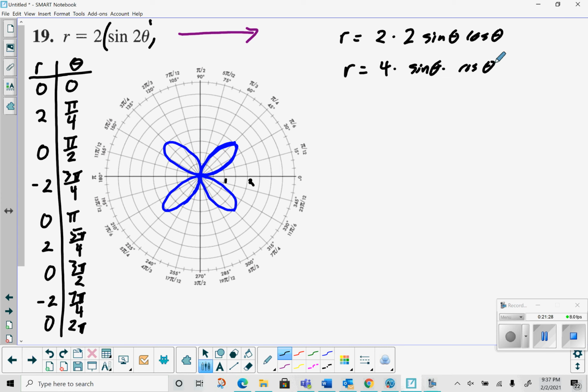Now again, we have very limited options when it comes to substitution. We know r squared, we know r sine theta, we know r cosine theta. So if I multiply this side by r, I could multiply this side by r, but then the question is who gets it?